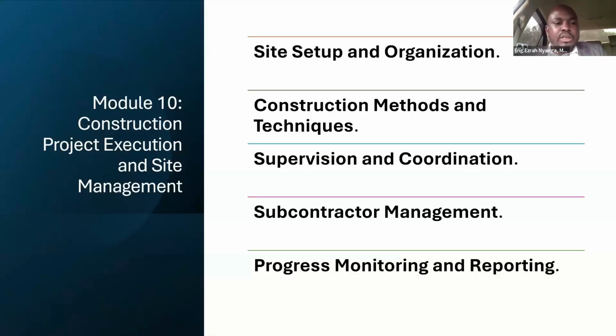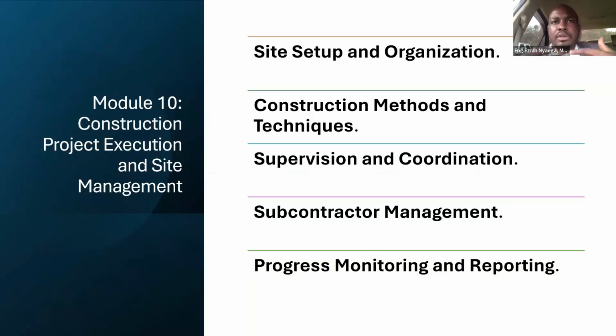Then we'll be able to look at Module 10, construction project execution and site management. Because once you have the plan in place, you have been able to do all these other things that you have planned on how to communicate, how to engage the different stakeholders. You have a plan of how you are going to obtain the materials or do your procurement aspects, how you are going to manage the supply chain aspects.